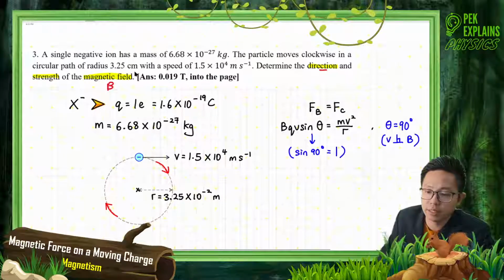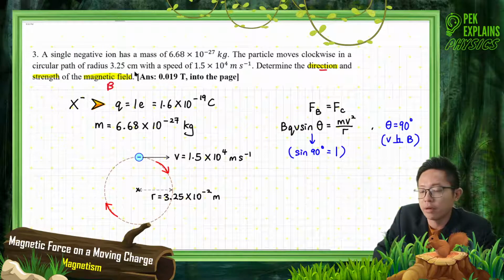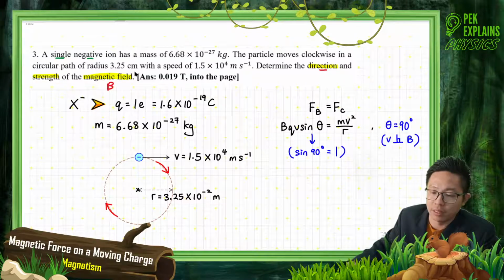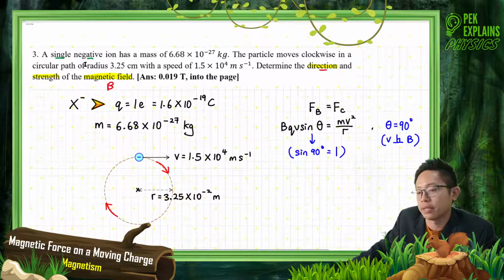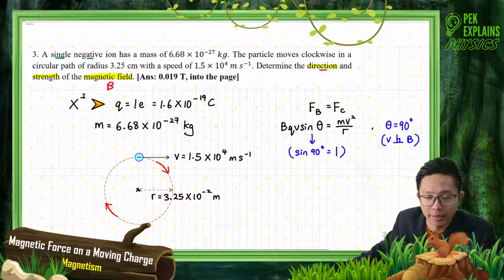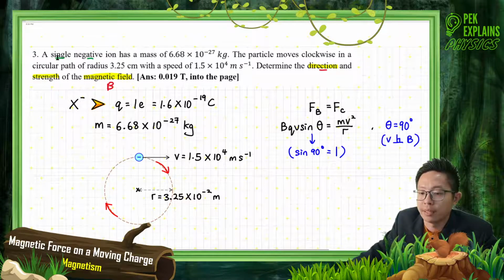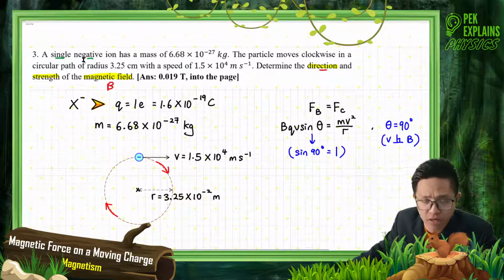So what is this? It tells us this is a single negative ion. So I already write here, we don't know what kind of atom this is, so just put as X, and it is a single negative charge.